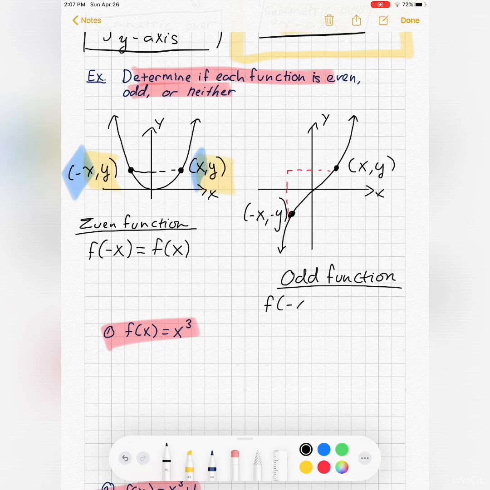In this case, if I plug negative x in the function, I don't get the same y as if I plug positive x in, I get the negative of it. If I plug positive x in, I get positive y, but if I plug negative x in, I get the opposite, negative y. So I can use these as tests to determine if a function is even, odd, or neither.